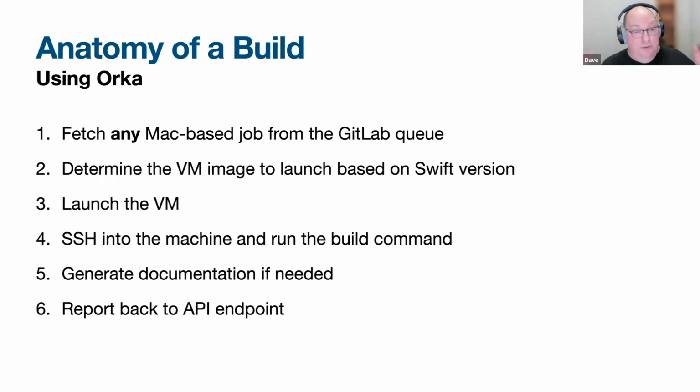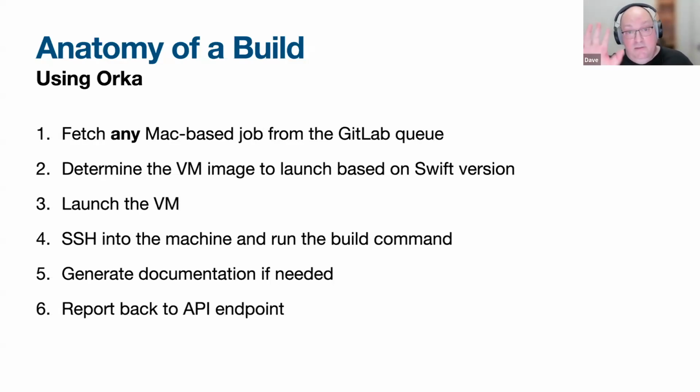We just launch the machine that's needed, and our cluster scales not based on the type of builds that we're doing, but purely based on the number of builds that we need to do, which again is great. So if we have a huge number of Swift 6 builds coming through the system, we just launch only Swift 6 VMs and they just get processed.